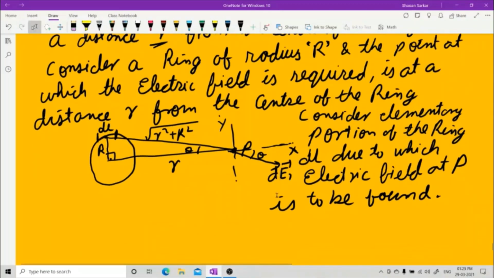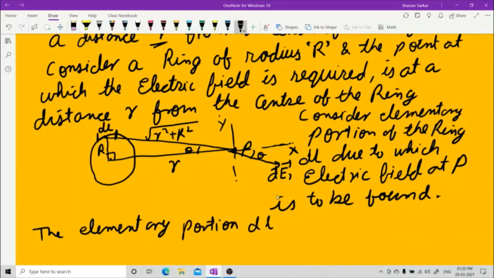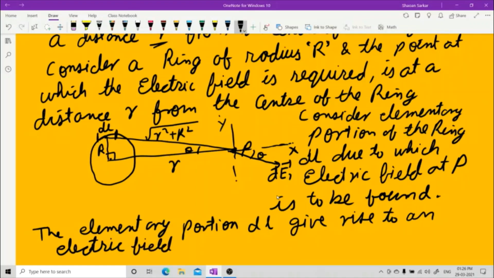The elementary portion dl gives rise to an electric field, vector dE1, at an angle theta with respect to the x-axis.